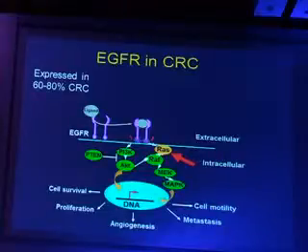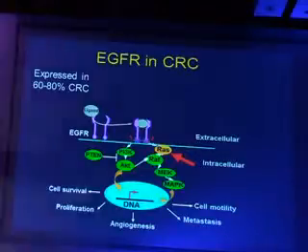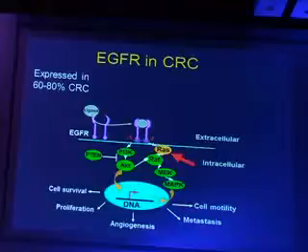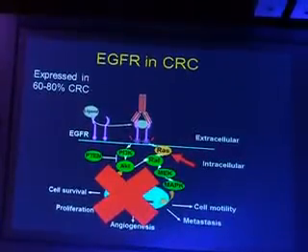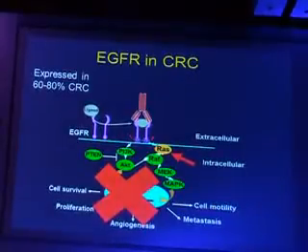Now, the EGFR receptor is overexpressed in most colorectal cancer patients, and when the ligand attaches to the receptor, it activates a cascade that leads to signal transduction, which leads to cell proliferation, metastasis, and angiogenesis. What the EGFR antibodies do is inhibit the ligand from attaching to the receptor, and hence they inhibit the signal transduction pathway.